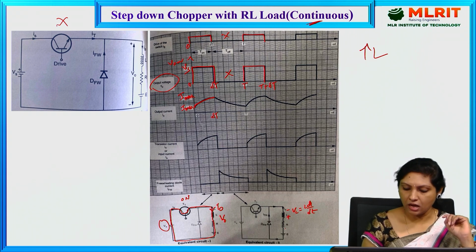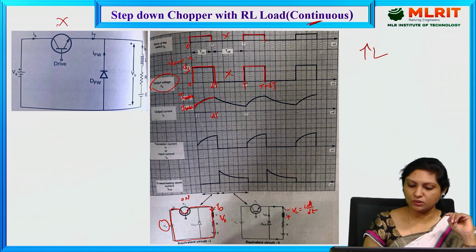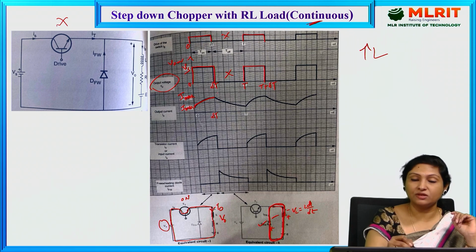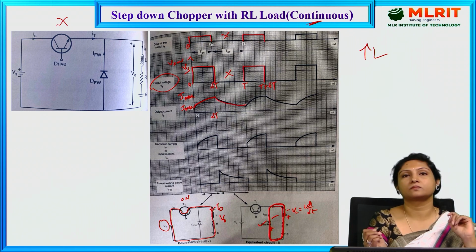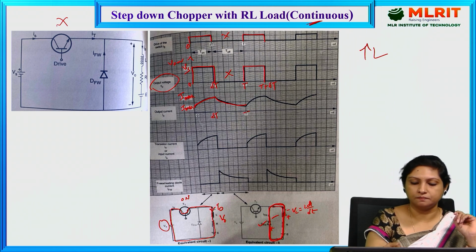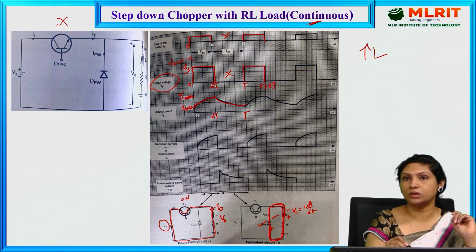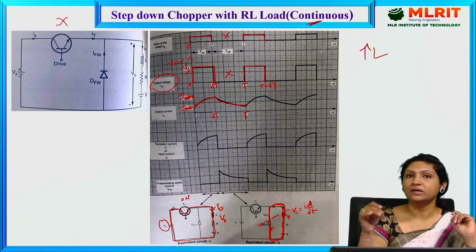And that is how here the freewheeling diode which is connected across the load will be getting forward bias, and then it starts conducting current through the load. Whatever the energy stored in the inductor itself is driving the current through the load right from this instant called delta T to T. And whatever the energy stored in the inductor is slowly getting reduced.